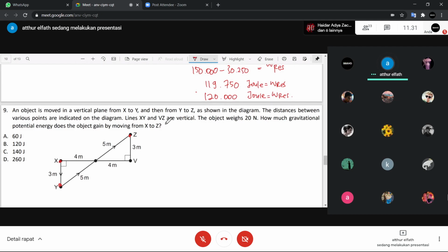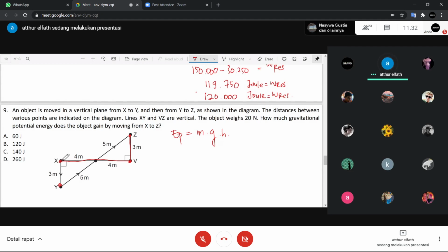Remember, potential energy equals mass times gravity times the height. Basically, from x to z, remember, potential energy only depends on the height.